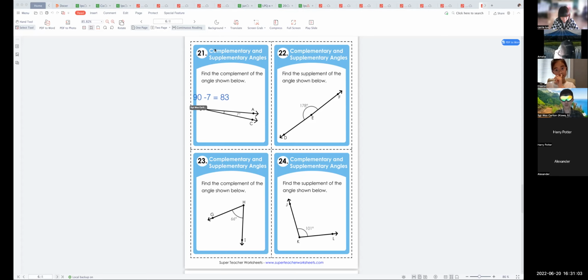Supplement for 22, so 180 minus 178 is 2 degrees. Complement for 23, so 90 minus 66 equals 24 degrees. And then supplement for 24, which is 180 minus 101 equals 79 degrees.